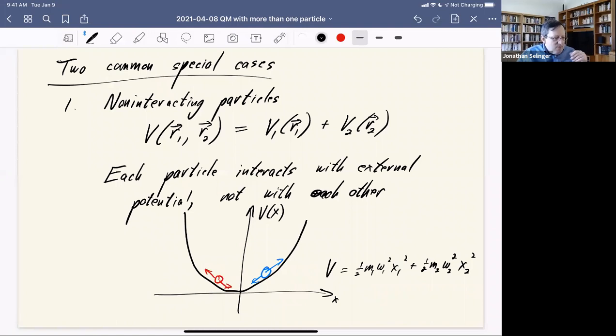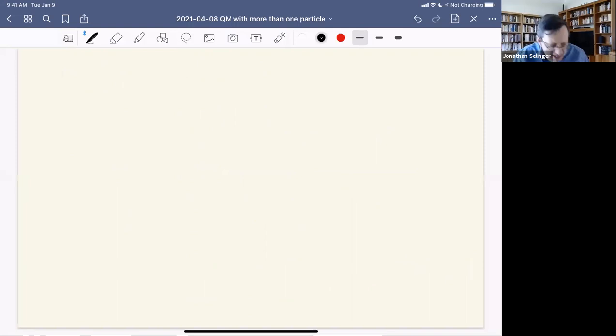Okay. In that case, in this special case, we can do separation of variables.